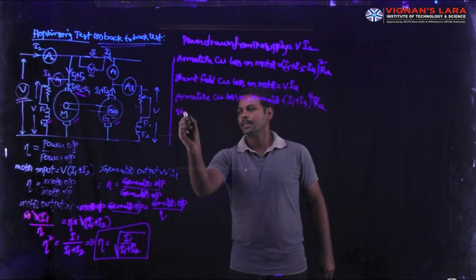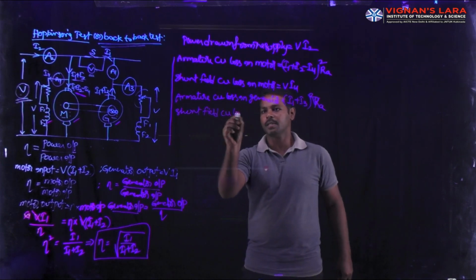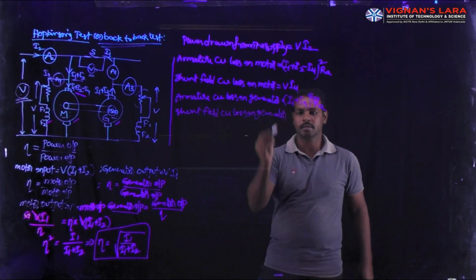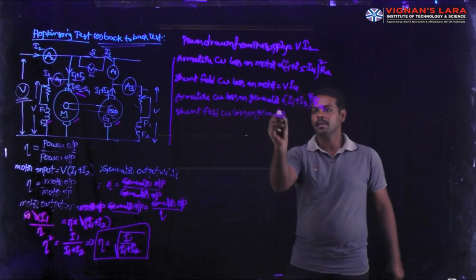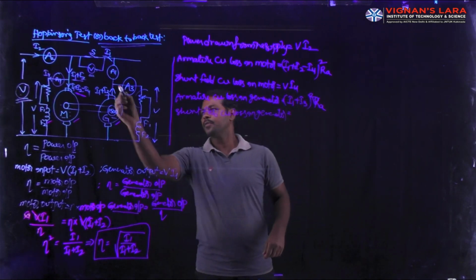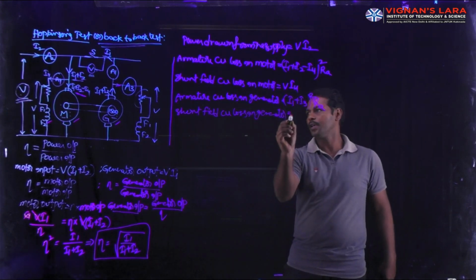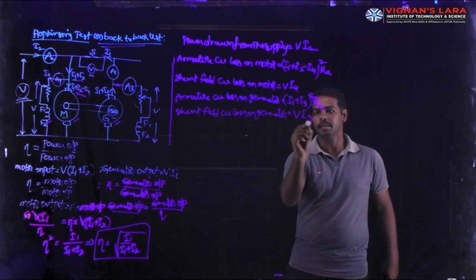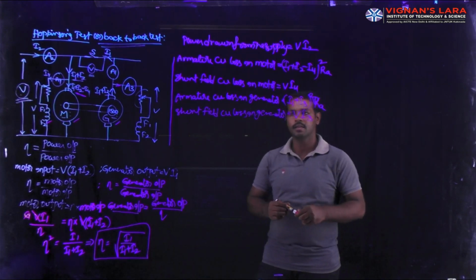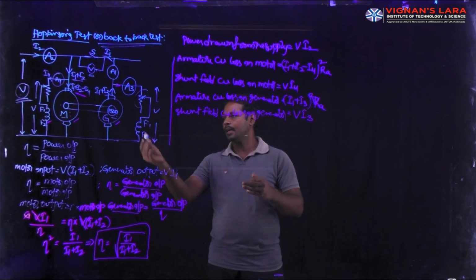The second one is the shunt field copper loss in the generator, equal to voltage multiplied with the field current I3, which is V into I3. Based on these four expressions, we can calculate the total losses existing in the machine.